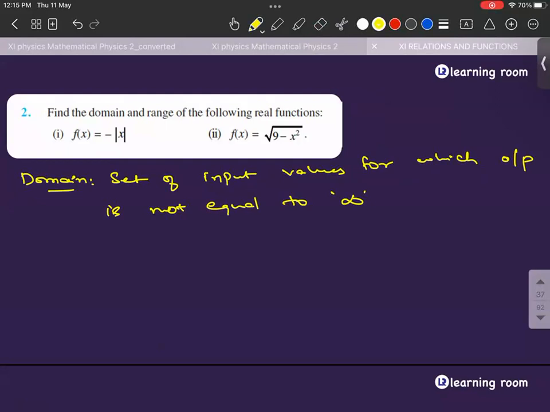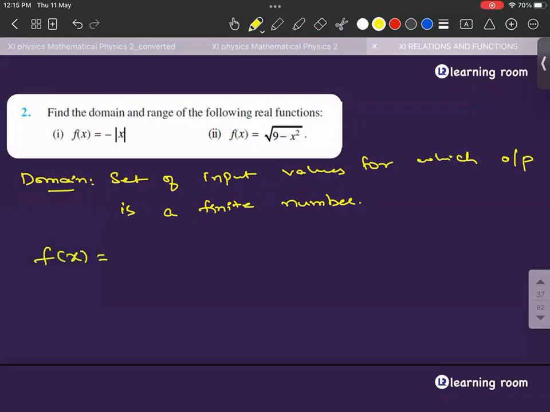This is one way of defining it, or I can say the set of input values for which the output is a finite number is also called the domain. Clear with this?